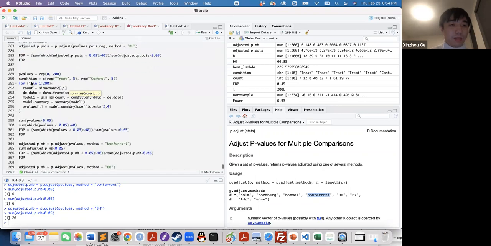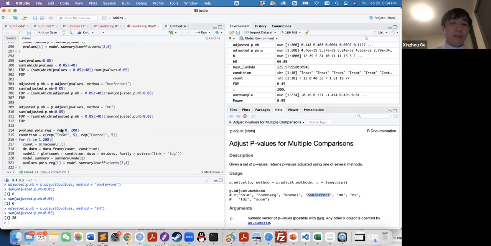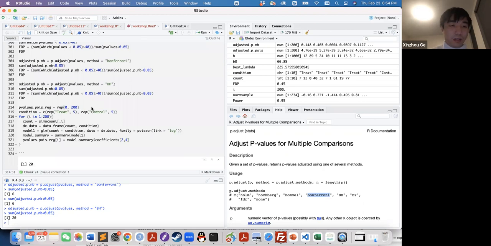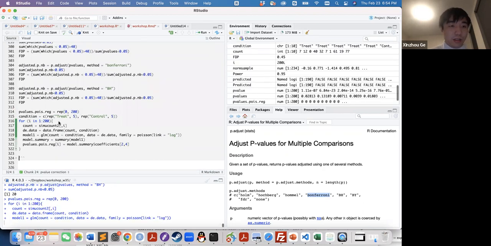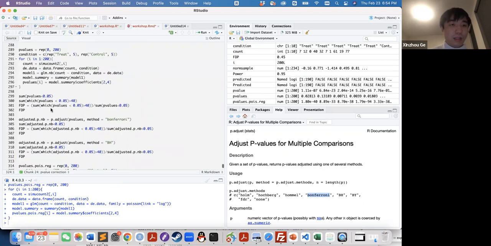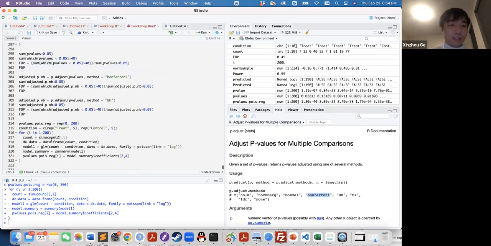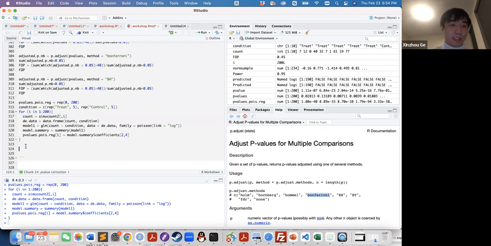So this is for the negative binomial dataset, and we can still calculate the p-values using the Poisson regression model, and we can do the p-value correction using the BH procedure to see how many discoveries we have.